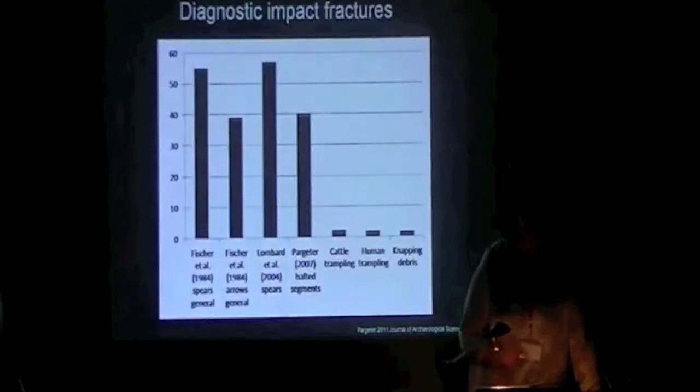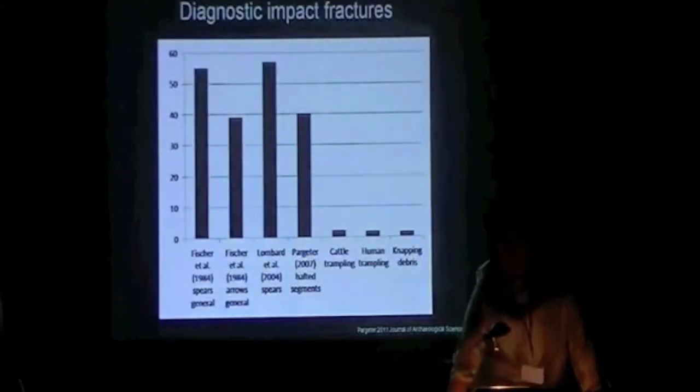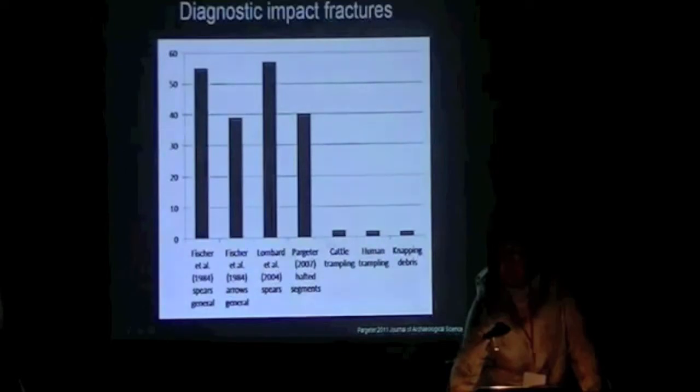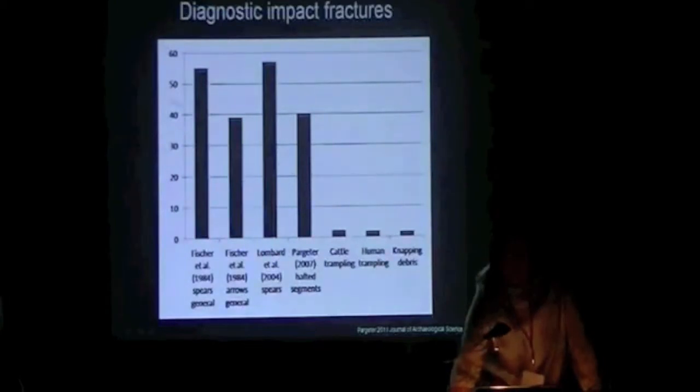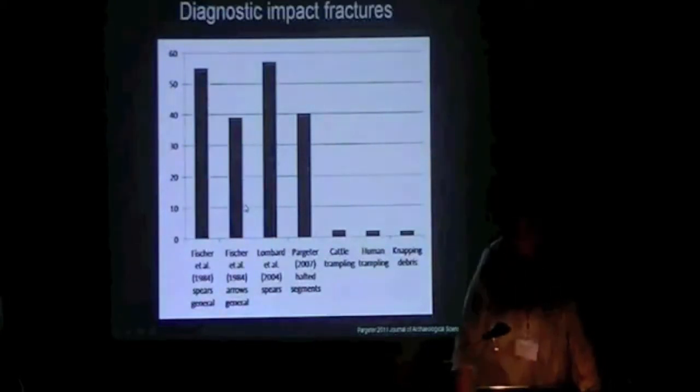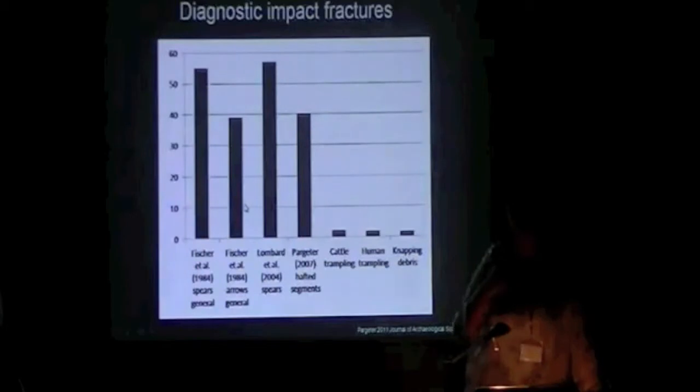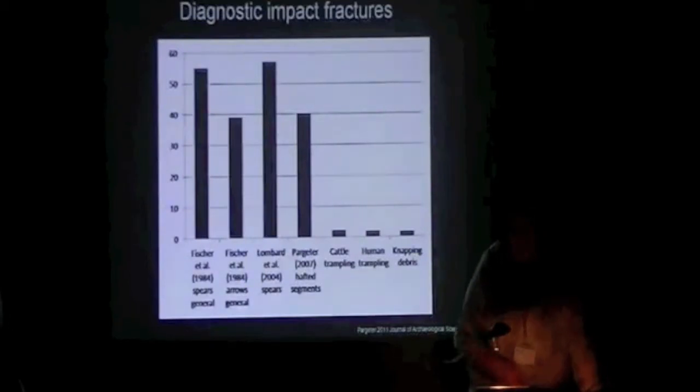Here we show diagnostic impact fractures, and this is the result he got on the trampling material, usually 3% or less. Over the years, different people doing experiments and using the same criteria for exactly the same fracture types is what we get on the experimental hafting.